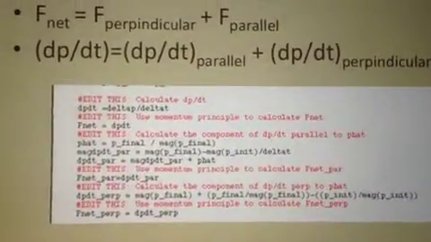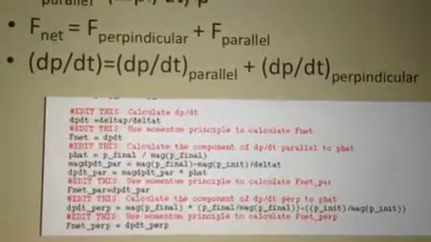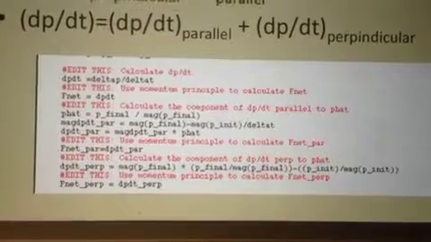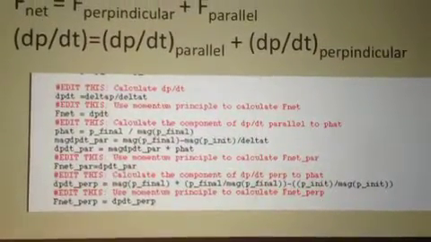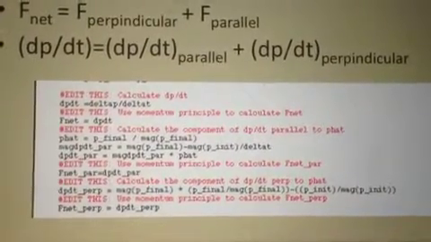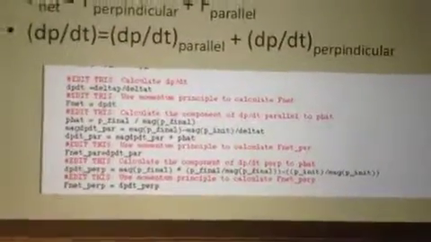And then we multiplied it by p hat to find dp/dt parallel instead of just the magnitude. And then farther down, we found dp/dt perpendicular using the sum of dp/dt parallel and dp/dt perpendicular. So we got dp/dt overall minus dp/dt parallel. So that is equal to dp/dt perpendicular.